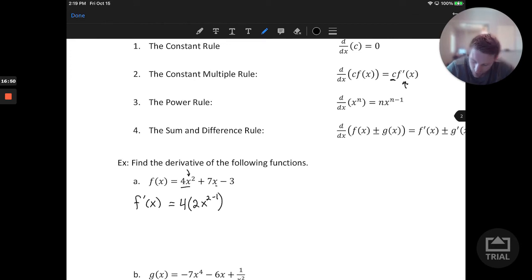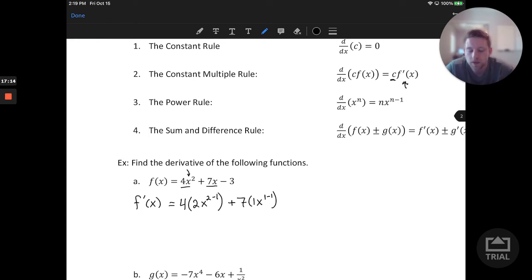If I take a look at the next term, I'm going to add, the constant multiple is 7, and the derivative of x itself, you could write it like this, 1x to the 0 power, because that's 1 minus 1. Usually we wouldn't write it like that. It would just be x to the 0, which is 1.